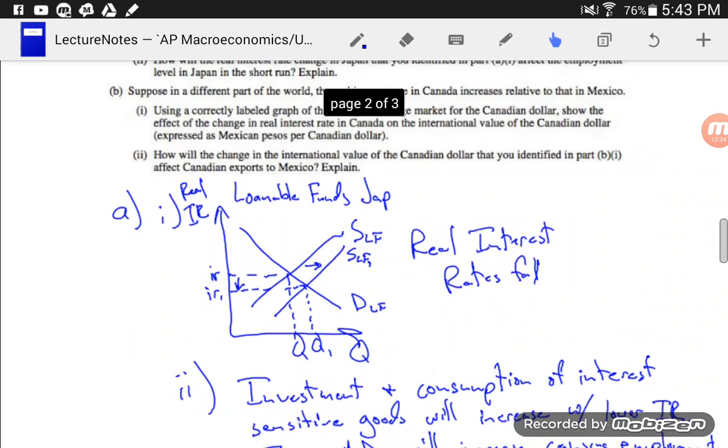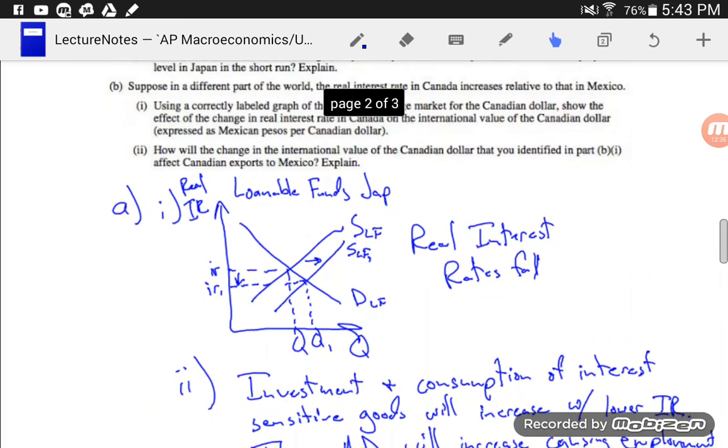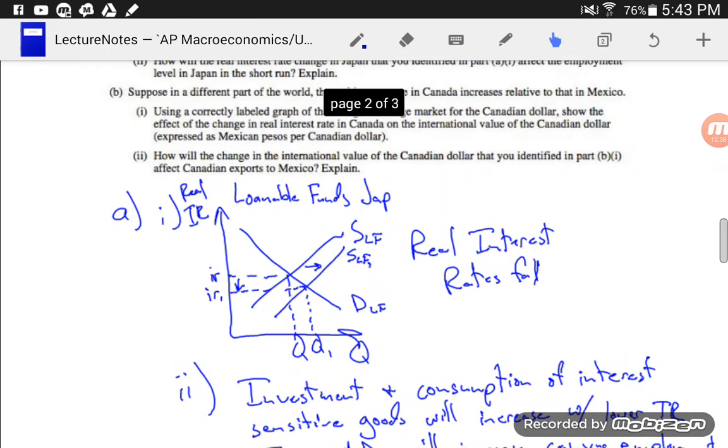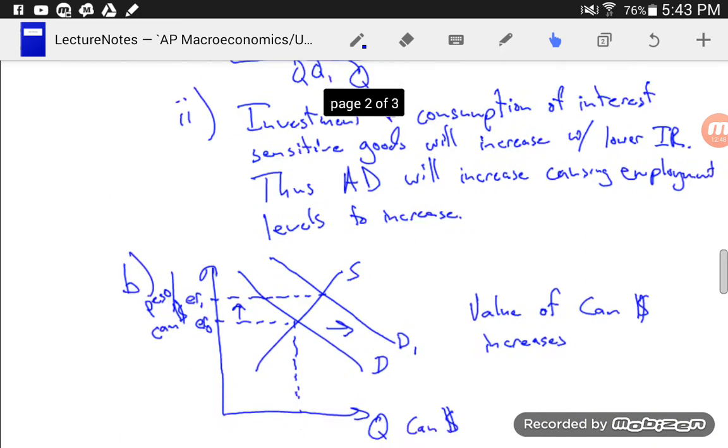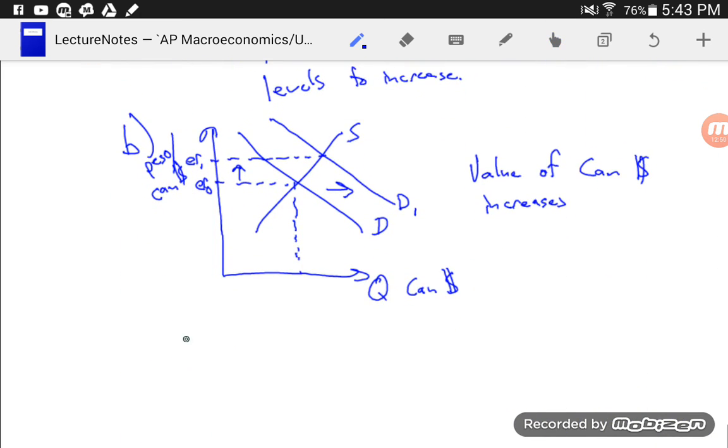Let's see. Part 2 then, how will the change in the international value of the Canadian dollar that we identified in part 1 affect Canadian exports to Mexico? Well, the Canadian dollars are more expensive.